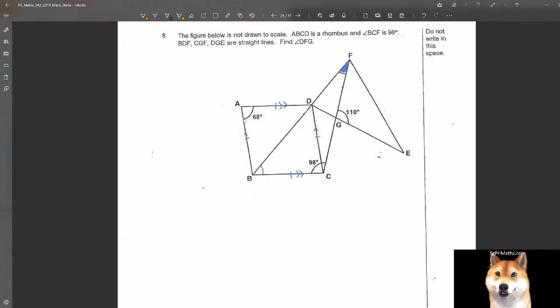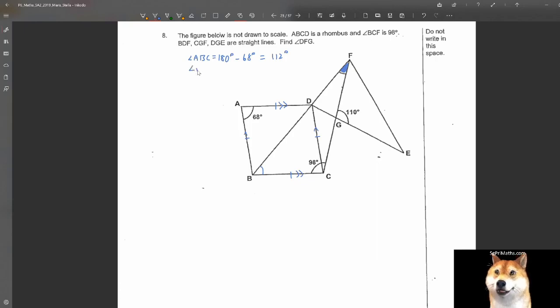To find this angle, this is part of the rhombus, so we use 68 degrees. Angle ABC equals this angle here, equals 180 degrees minus 68 degrees, equals 112 degrees. So in the rhombus, these two angles add up to 180 degrees.